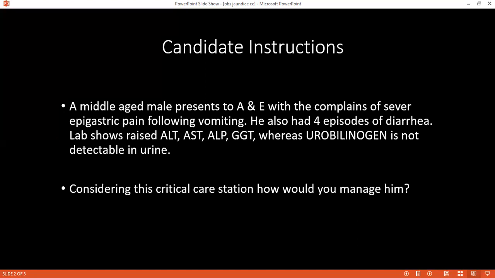Can you please tell me how bilirubin metabolism takes place? Bilirubin is produced following the breakdown of red blood cells. The hemoglobin is broken down into heme and globin. The globin goes into the protein pool. The heme is converted to biliverdin, then biliverdin to bilirubin.